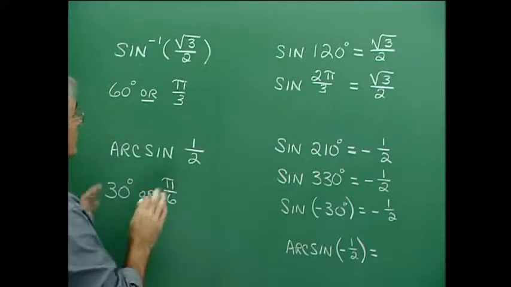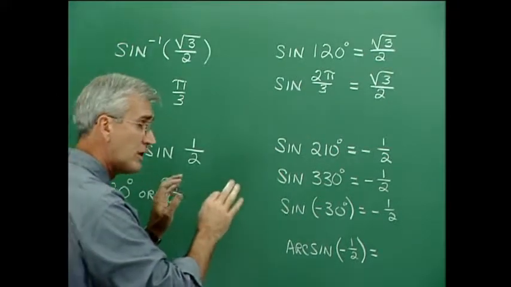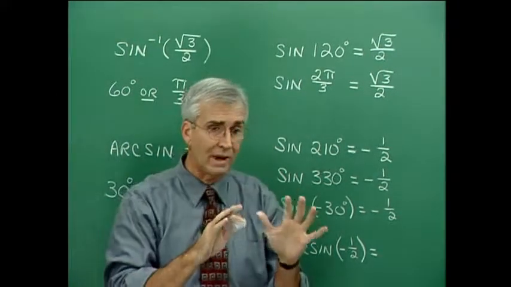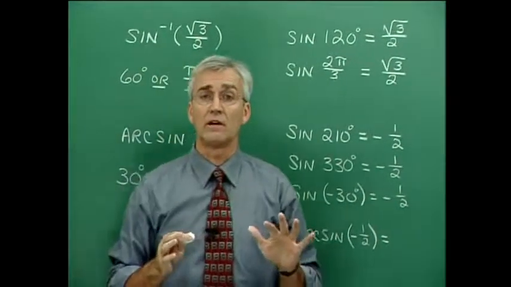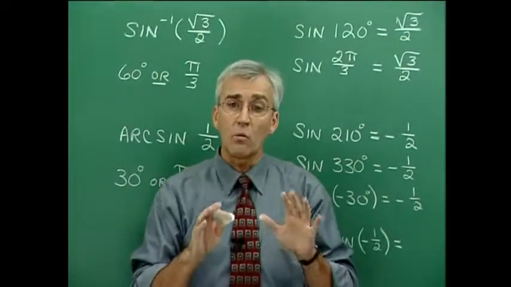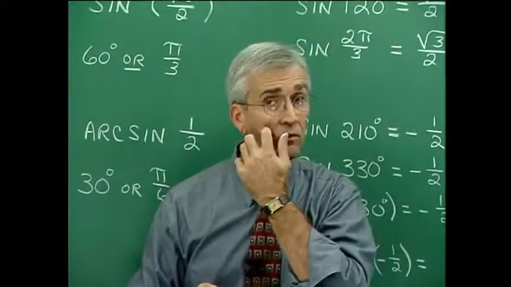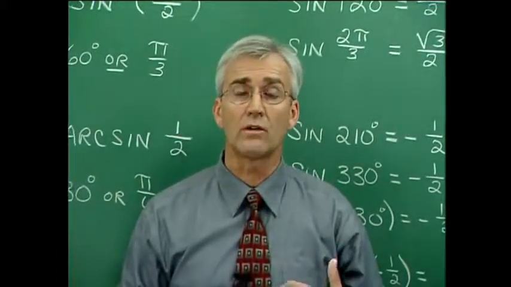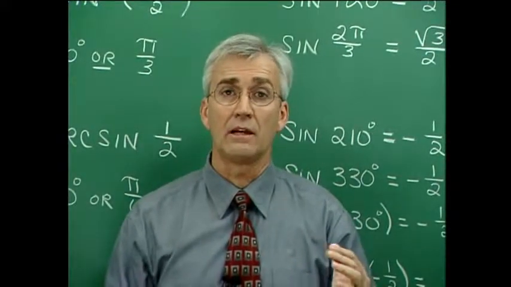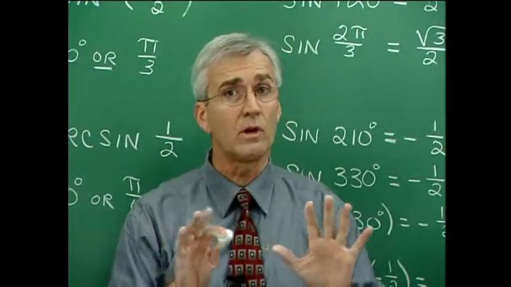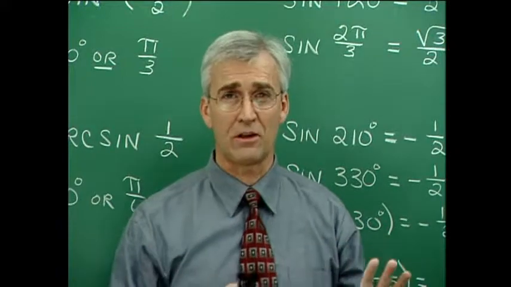Well, it has to do with this inverse business having a certain domain and range quality involved in them. When we take inverse sine, we are going to get angles that are in either the fourth quadrant or the first quadrant. And I'll tell you again that we will address the situation in the other quadrants later.